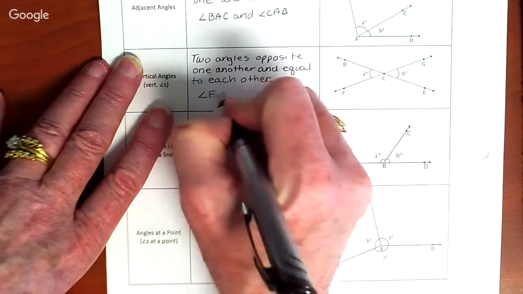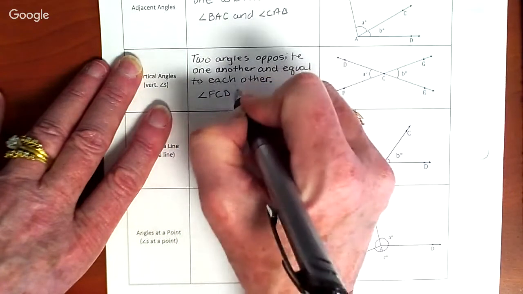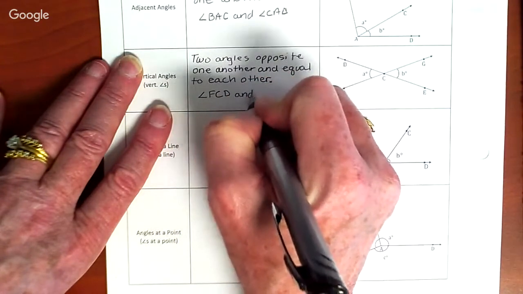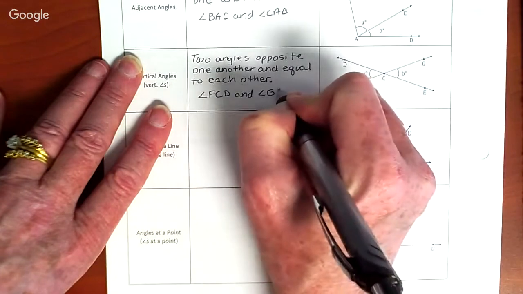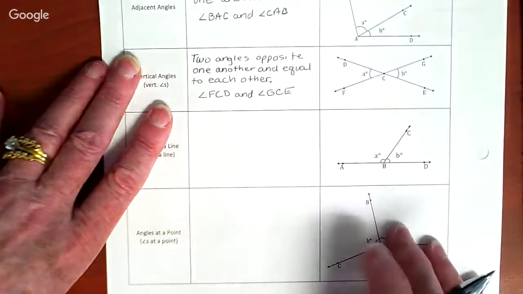Angle FCD and angle GCE are vertical angles.